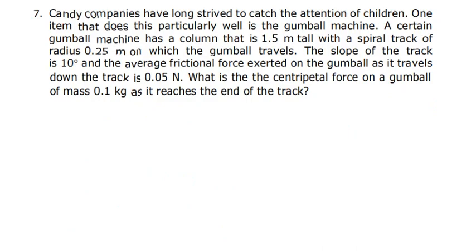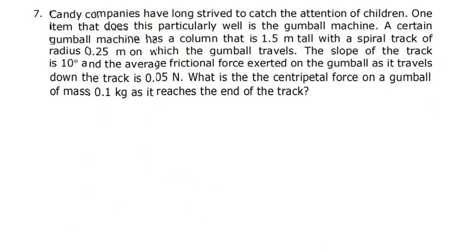Now let's solve question number 7. We're told that candy companies have long strived to catch the attention of children. One item that does this particularly well is the gumball machine. A certain gumball machine has a column that is 1.5 meters tall with a spiral track of radius 0.25 meters on which the gumball travels.